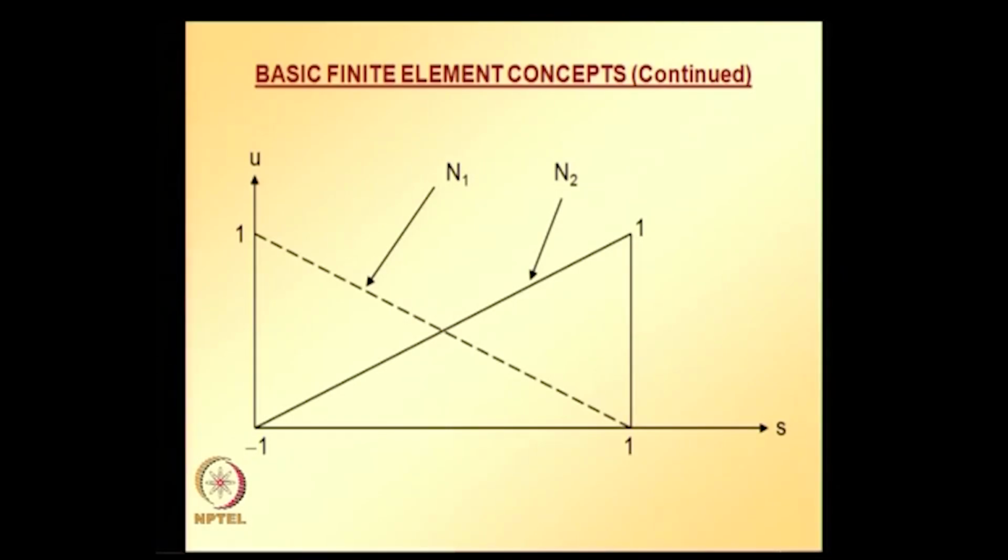And this is what is called the Kronecker delta property, that is N1 evaluated at the N2 location is equal to 0, and N2 evaluated at the node corresponding to N1 is equal to 0.